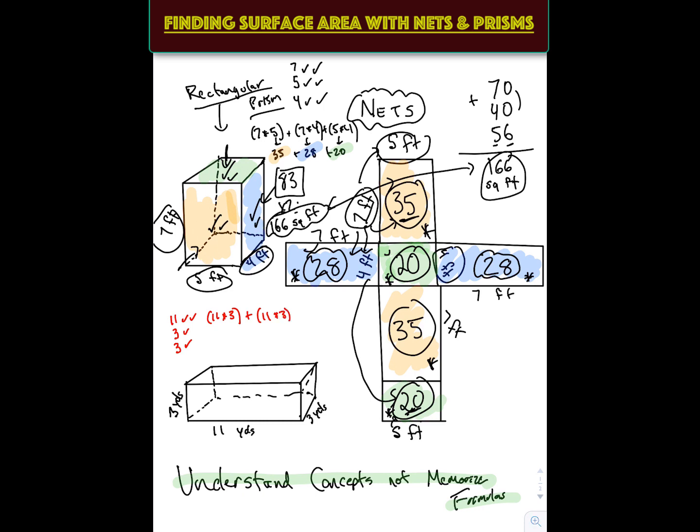One thing to understand is that they represent different things though. So the first 11 by 3 would be 11 this way and 3 up. So the first 11 by 3 is actually my front. Whereas the second 11 by 3 is actually 11 this way and 3 that way. So it's actually my top.